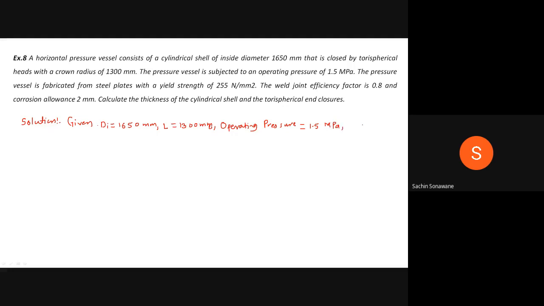Then yield strength is given, SYT is equal to 255 Newton per mm square. Then weld joint efficiency is given, eta is 0.8, and corrosion allowance is 2 mm.